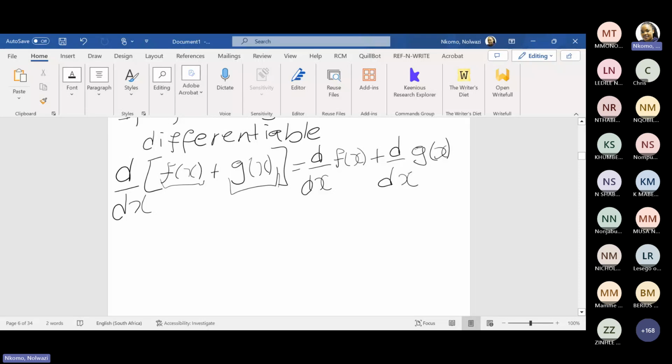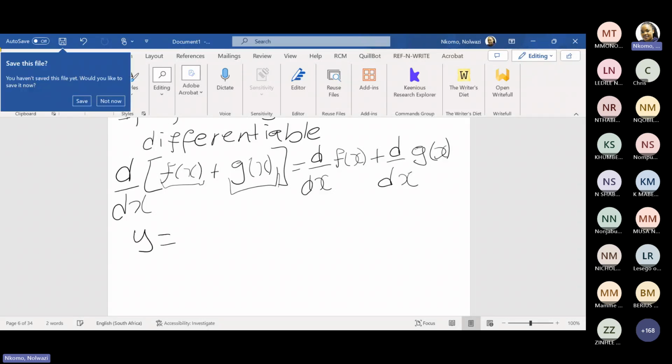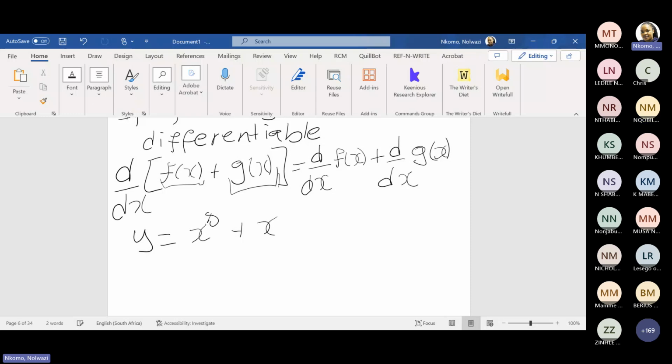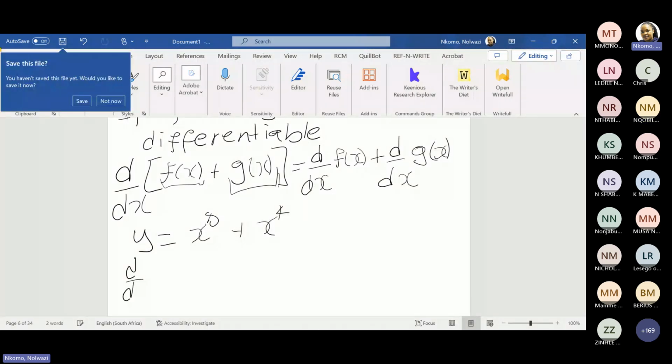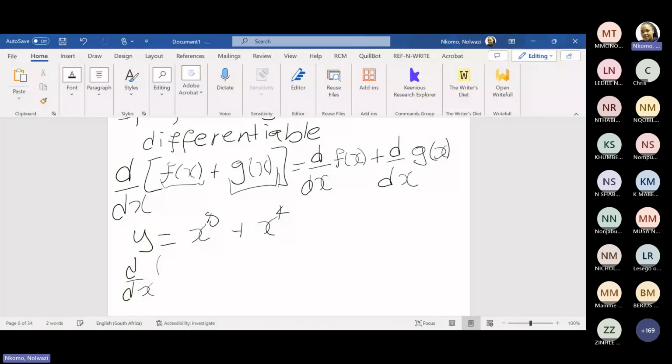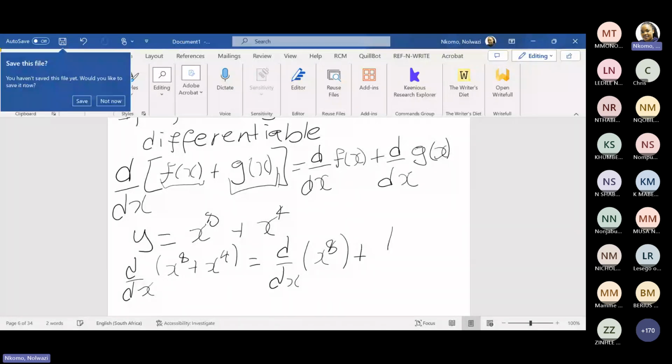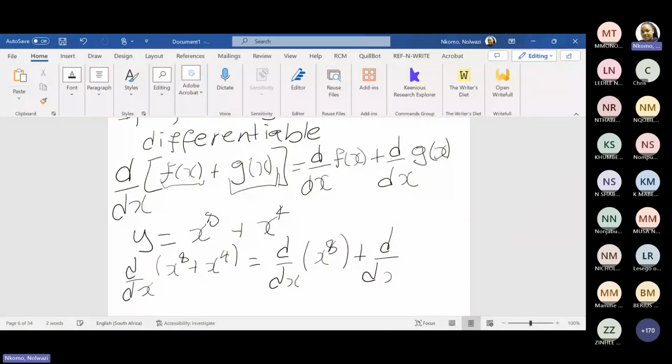For example, say we have y equals x to the power 8 plus x to the power 4, and you are asked to find the derivative of this function. You can write this as d over dx of x to the power 8 plus d over dx of x to the power 4.